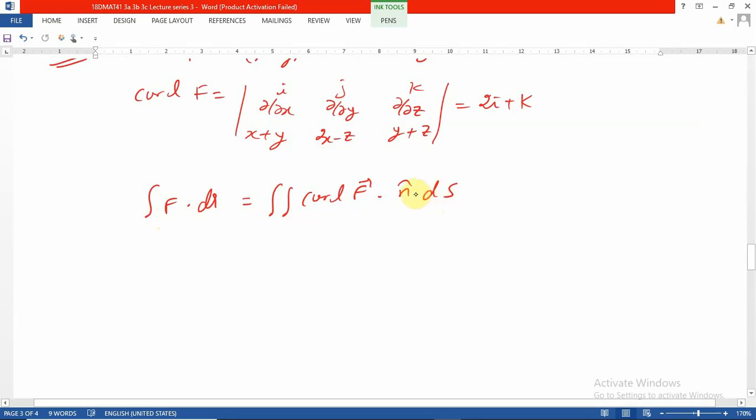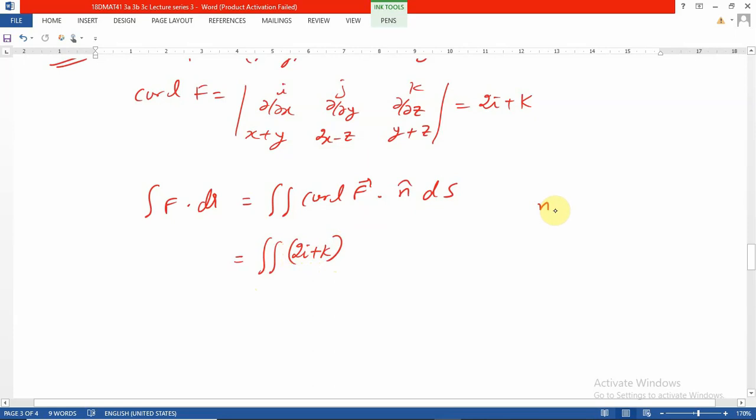Now looking at this curl f bar, I'm going to substitute the value here. Curl f bar is nothing but 2i plus k, and you can see n cap ds.